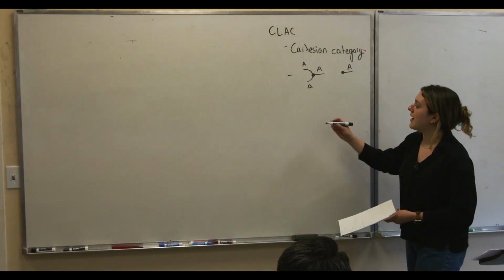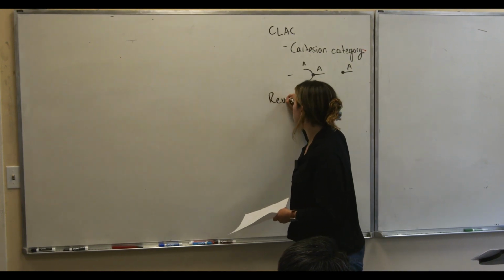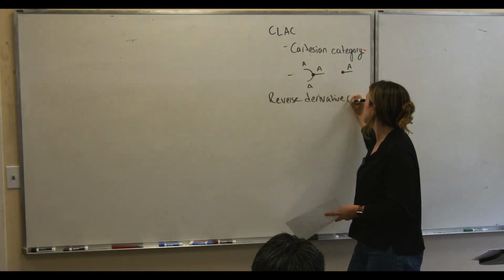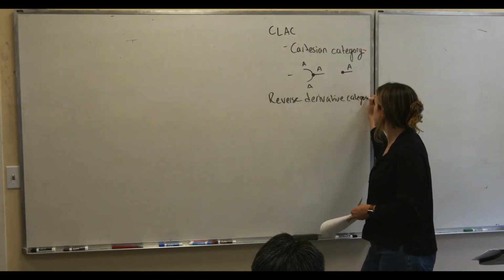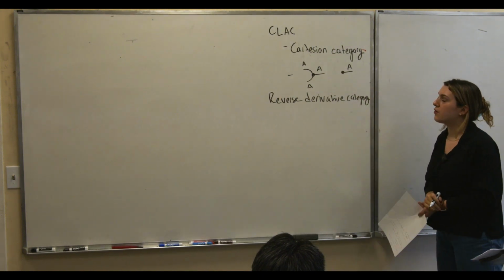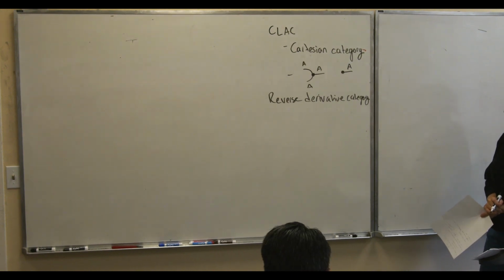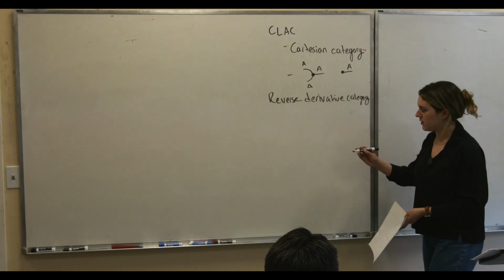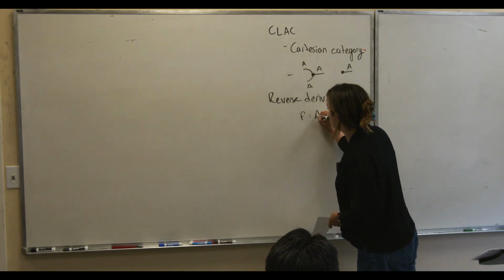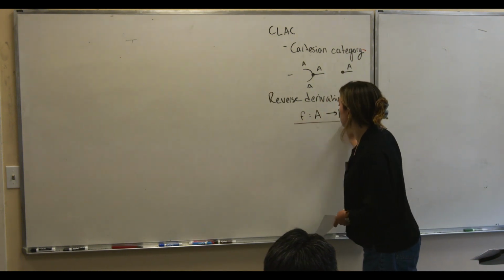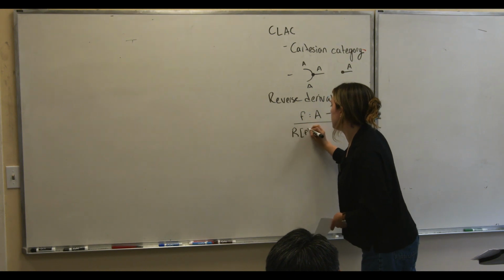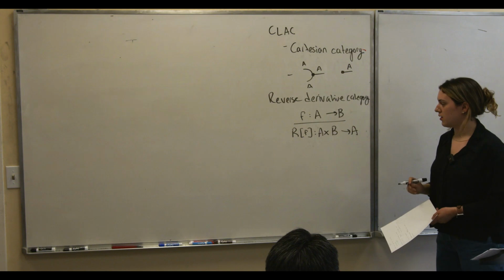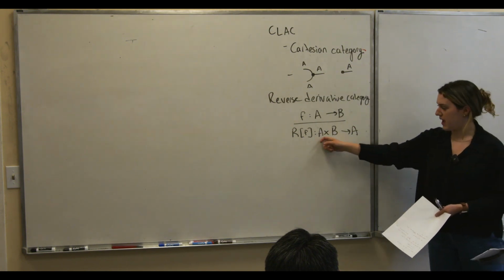We say that a CLAC is a reverse derivative category if it's equipped with the following additional structure. We're going to ask that we have a reverse derivative combinator, which says that for any morphism f in our category, we get the reverse derivative R of f, which is an arrow from A times B to A.